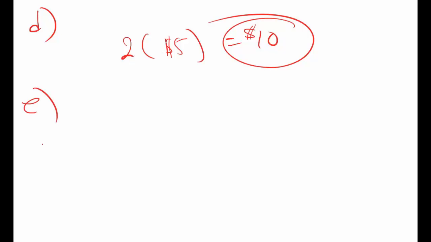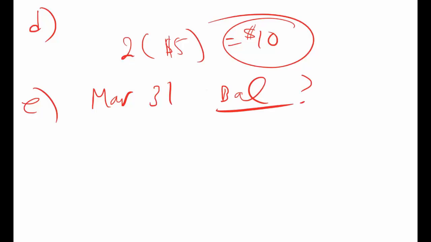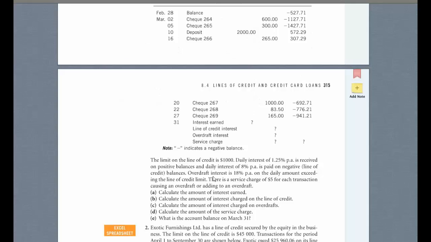E, account balance on March 31st. Let's look. March 31st, what is the account balance? All right.